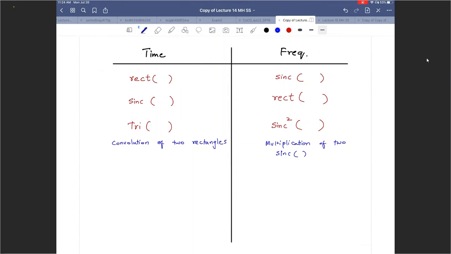And because it is sinc squared, that is telling me that they are the same sinc function. So when you convolve two rectangles exactly the same, what do you get? You get a triangle. Absolutely right.